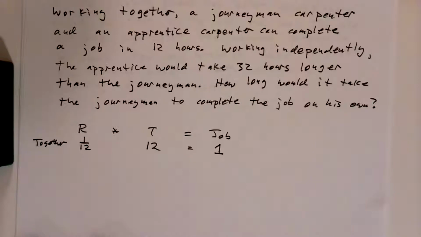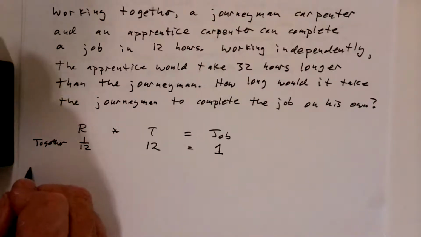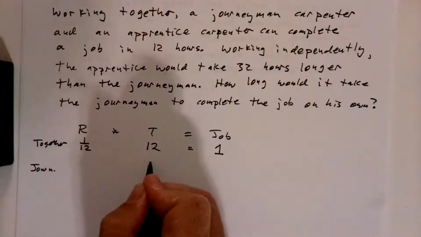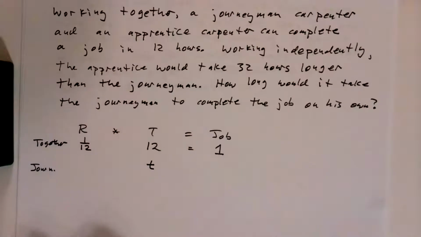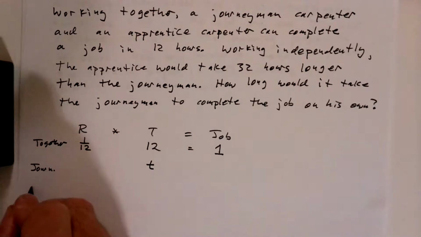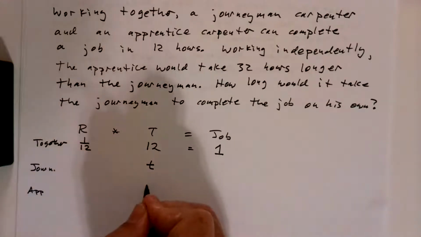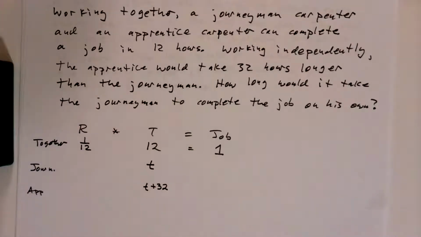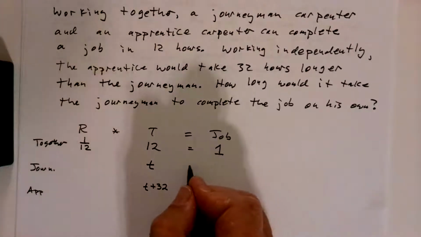The apprentice would take 32 hours longer than the journeyman. So let's take a look at the journeyman here. The journeyman here would take t hours, and the apprentice would take 32 hours more. So the apprentice gets the whole job done in t plus 32 hours. So what do we have here?